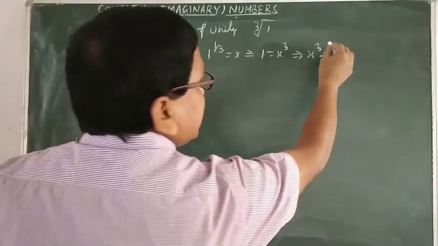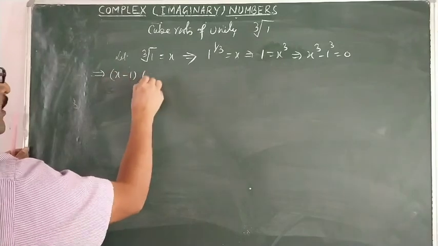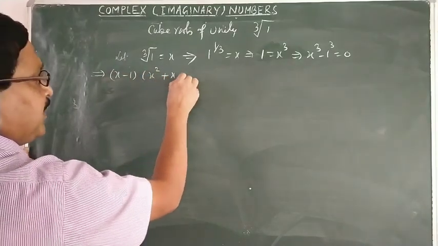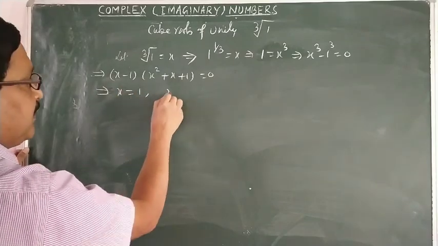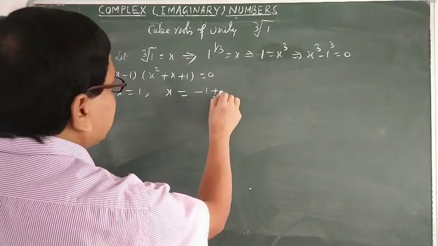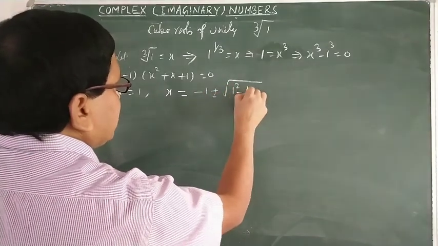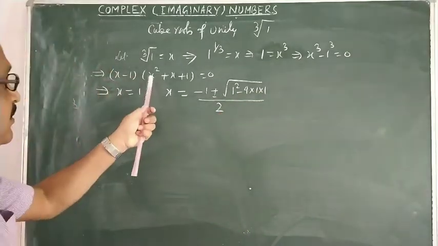Now the a cube minus b cube formula gives us x minus 1 into x square plus x plus 1 is equal to 0. So we are getting x is equal to 1, and at the same time by the quadratic formula, minus b plus minus root b square minus 4ac over 2a for this.